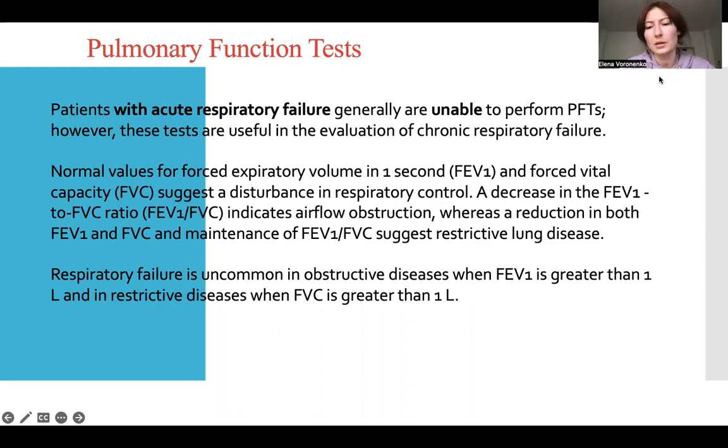A decrease in the FEV1/FVC ratio indicates airflow obstruction, whereas a reduction in both FEV1 and FVC with maintenance of the FEV1/FVC ratio suggests restrictive lung disease.